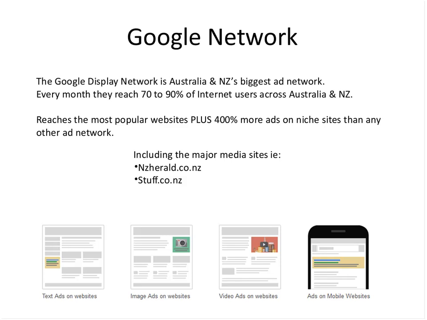Text ads, so it's not just text ads on Google search, it's text ads that you might have seen on other sites, like New Zealand Herald in this example. There's image ads, so your standard medium rectangle, leaderboards, skyscrapers, whatever size and dimension you want, depending on the website. There's video ads, so interactive video ad units.